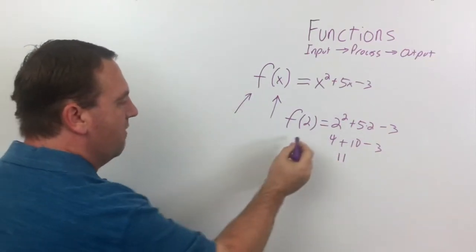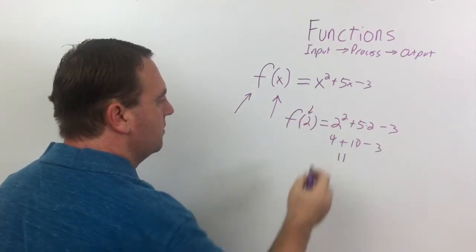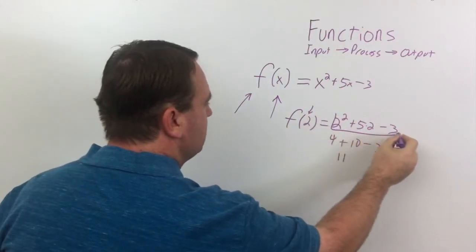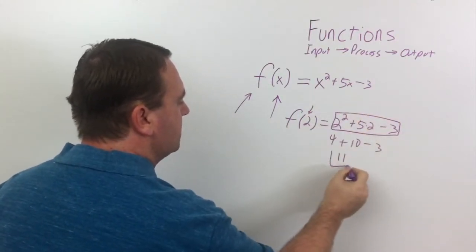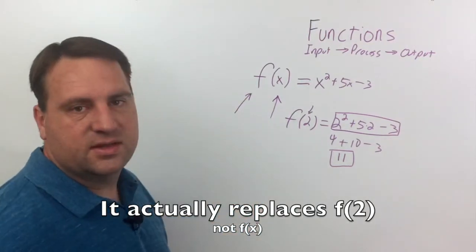So here you have the input. We give it the 2 as the input. It processes it, and then this is the output. It basically replaces f of x anywhere we have it.